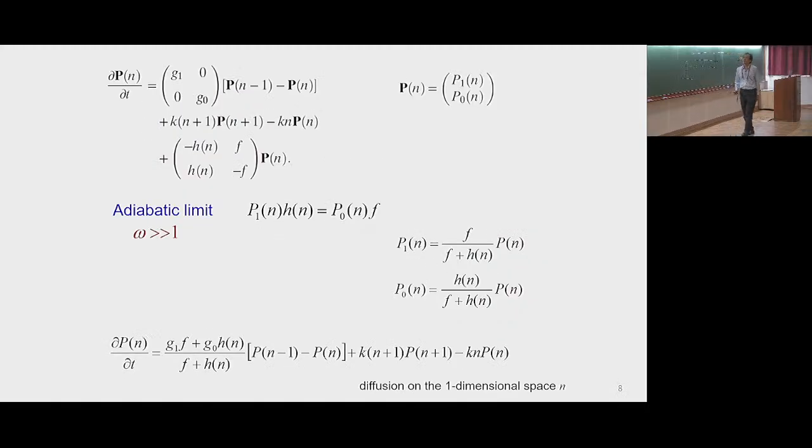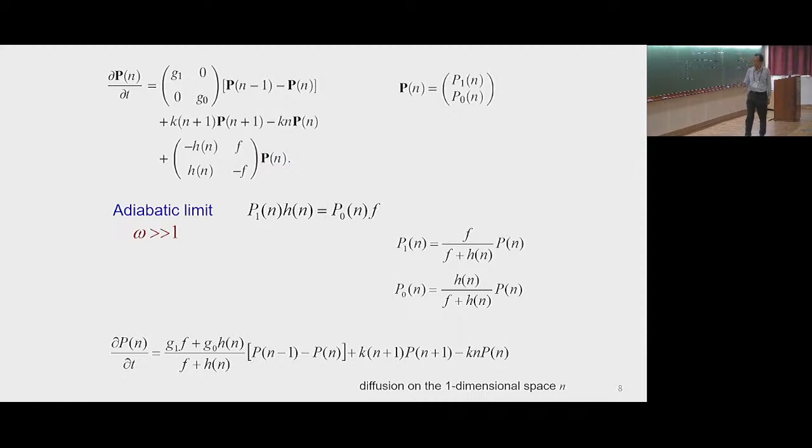And so in the adiabatic limit, this transition is very fast, so we can assume the quasi-equilibrium condition satisfying like this. So P1 and P0 can be represented like this. Then the problem is reduced to a one-dimensional diffusion system with the effective constant for the production rate.